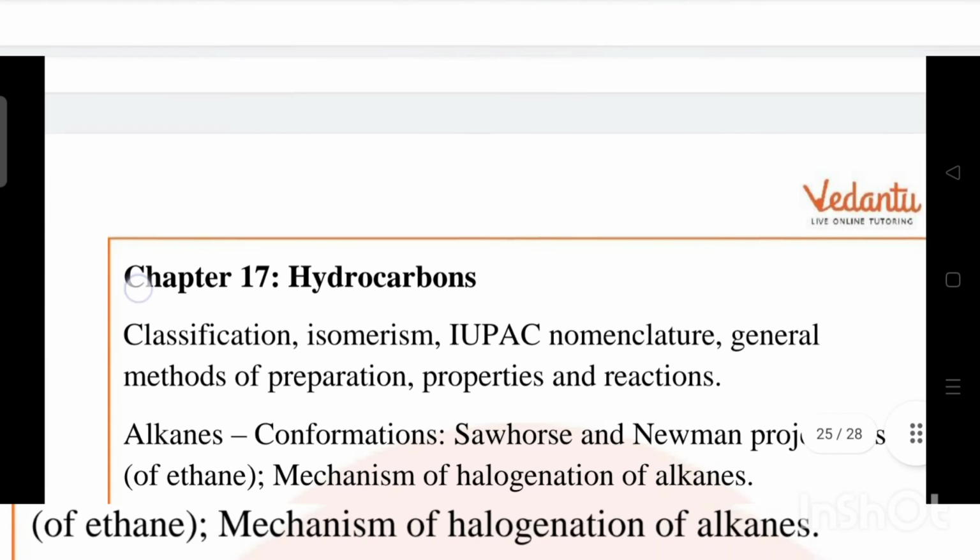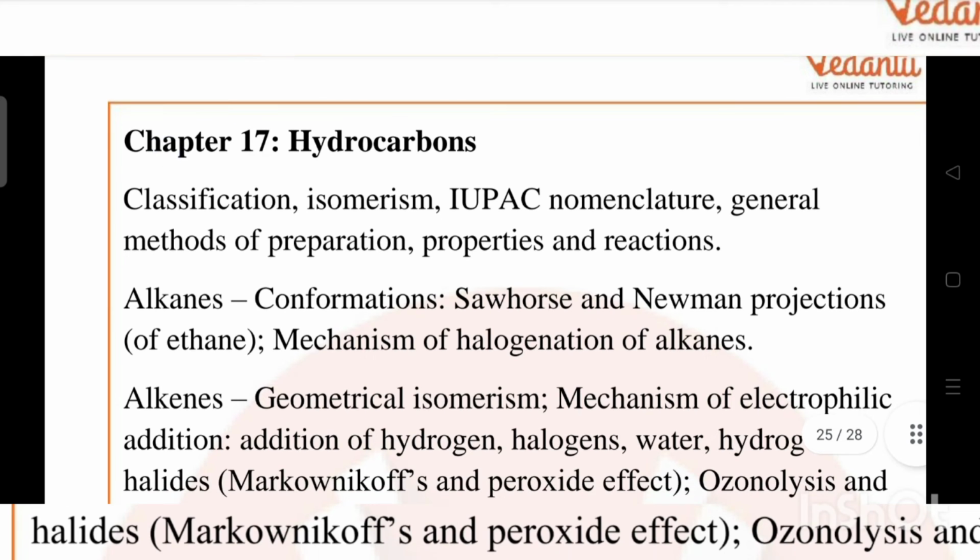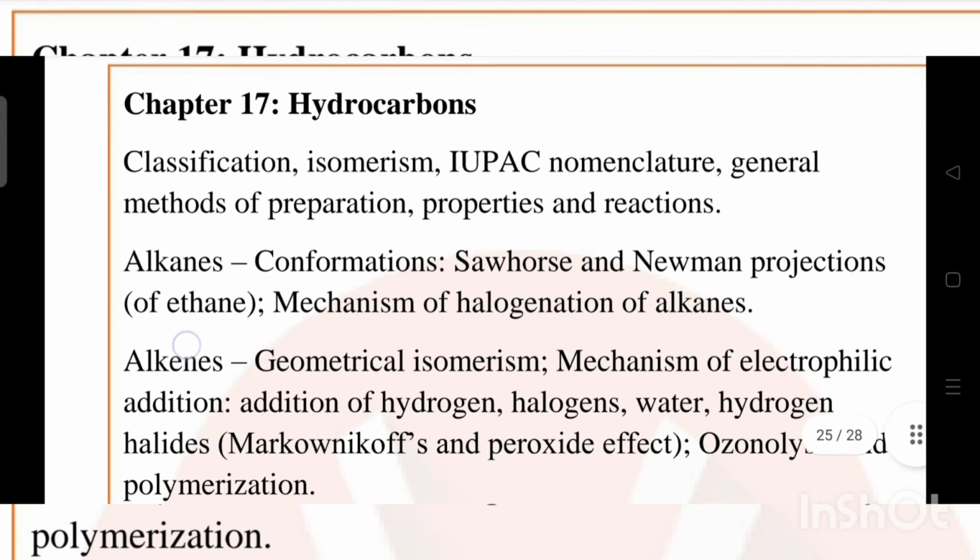Chapter 17 is only on the hydrocarbons: its classification, isomerism, IUPAC nomenclature, general methods of preparation, properties and reactions. Alkanes, its conformation, sawhorse and Newman projection of ethane, mechanism of halogenation of alkanes.